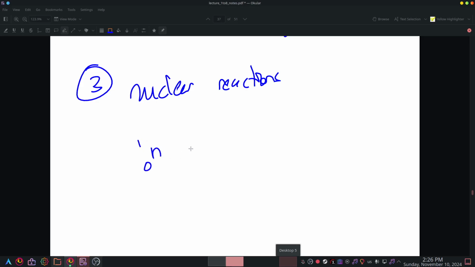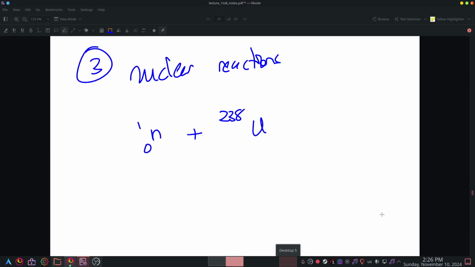I'm going to write nuclear reactions like this: neutrons plus uranium-238. So instead of just bouncing off, it gets absorbed.